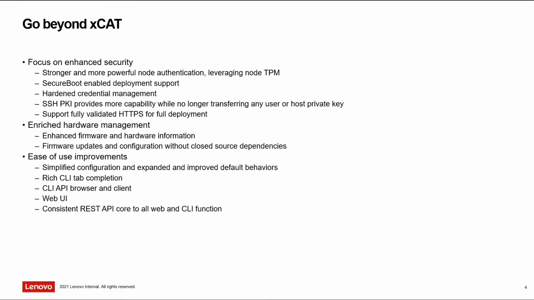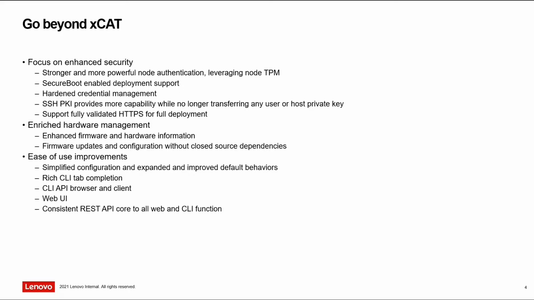We implement a secure shell PKI to provide us more capability while also eliminating the need for us to transfer any private host or user keys. We support fully validated HTTPS for OS deployment. We have better hardware management capability with more information, as well as the ability to update firmware and configure the firmware without use of any closed source dependencies.